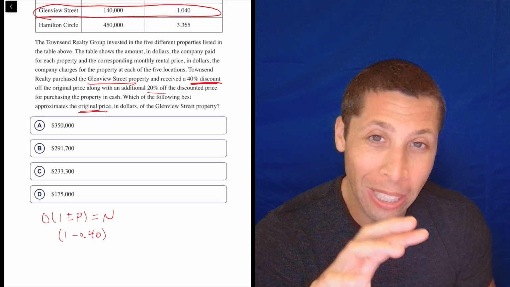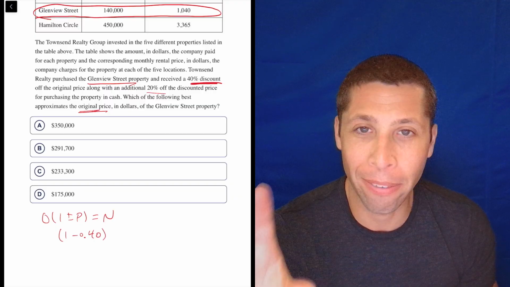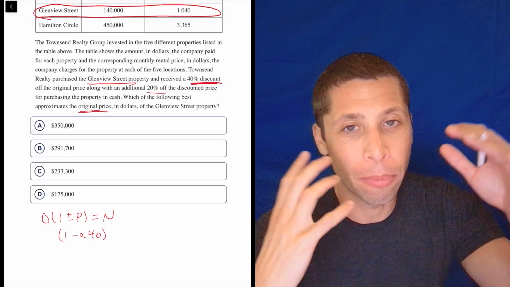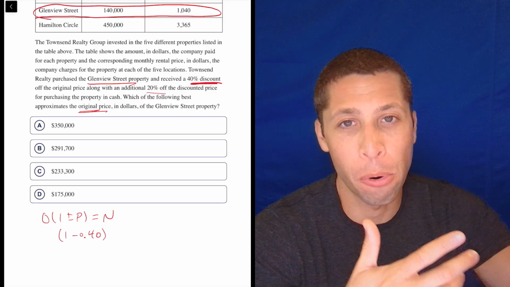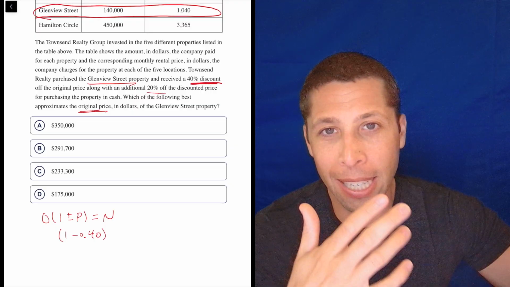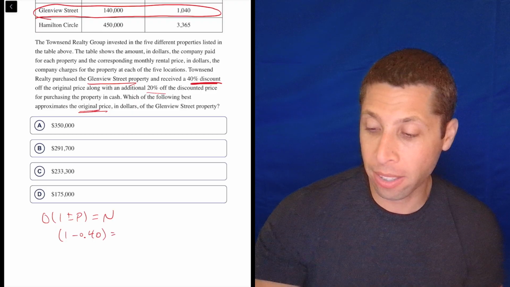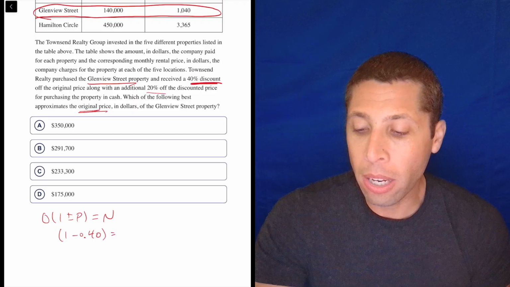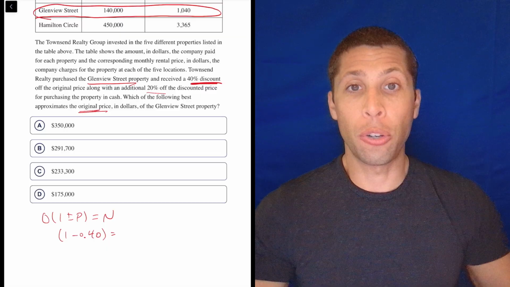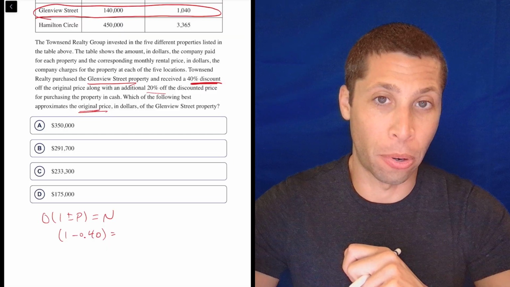But some of you still really want to put 140 on the left side. I'm hoping that by doing the 1 minus 0.4 first, you're realizing that wouldn't make any sense. This is why the open formulas exist, in my opinion: we are often asked on the SAT to solve backwards a percentage, right?